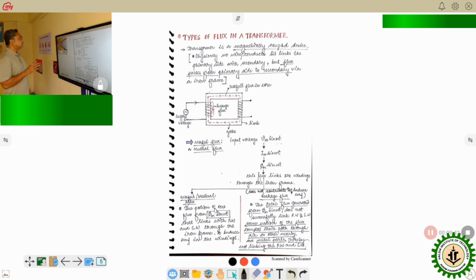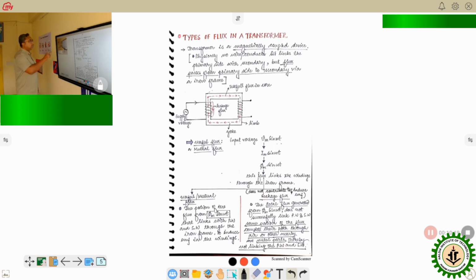So it means there is no physical contact between the primary and the secondary side via wire. It is only magnetically coupled. So the entire operation of the transformer, meaning how much EMF is induced in the primary and the secondary, totally depends on the magnetic linking, meaning the flux.